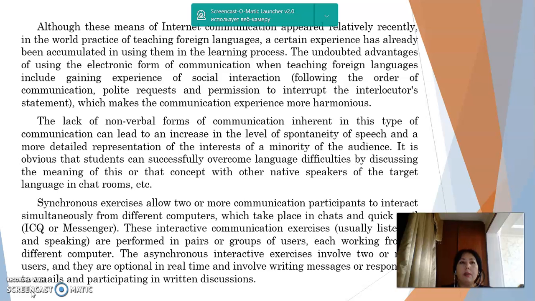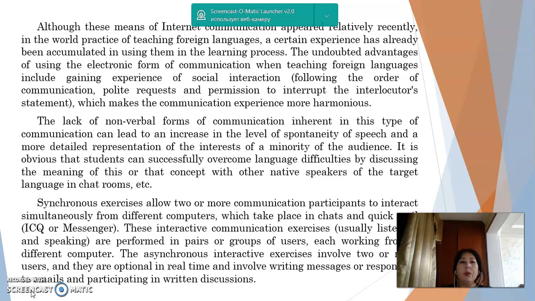The undoubted advantage of using the electronic form of communication when teaching foreign language includes gaining experience of social interaction, following the order of communication, polite request, permission to interrupt the interlocutor's statement, which makes the communication experience more harmonious.